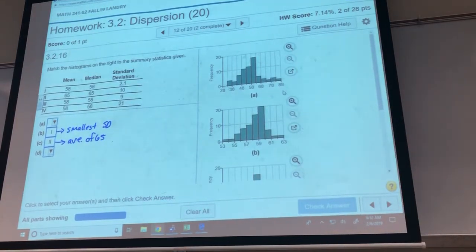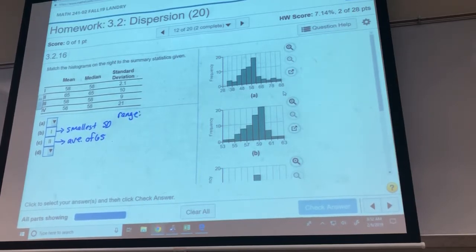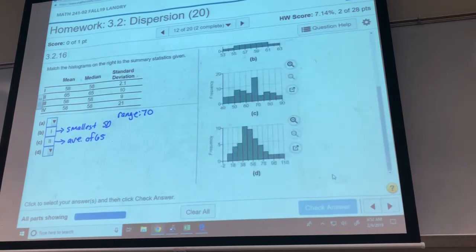So A has a range, goes from 18 to 88, so that range is 70. Down here it goes from, did we say 8, right? 8 to 118, so this one has a range of 110. All right, so since D has the larger range, it should have the larger standard deviation.